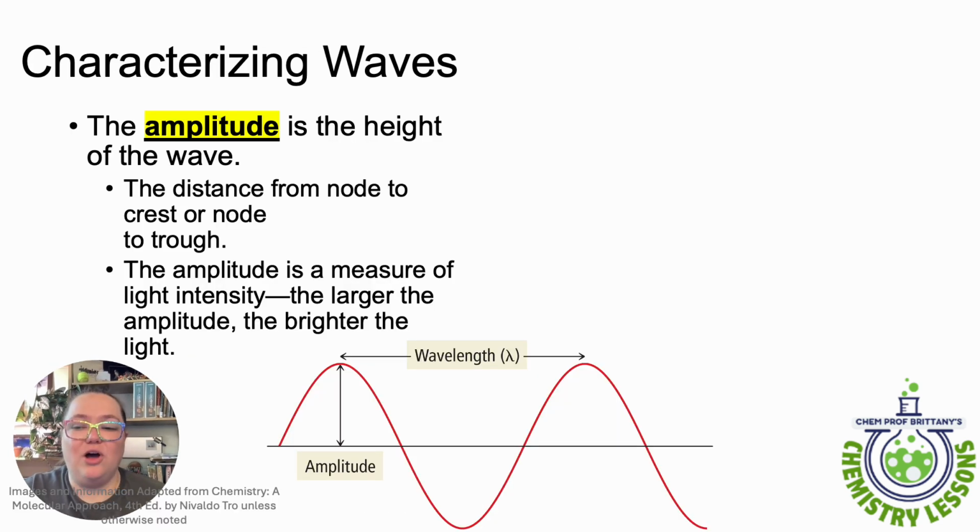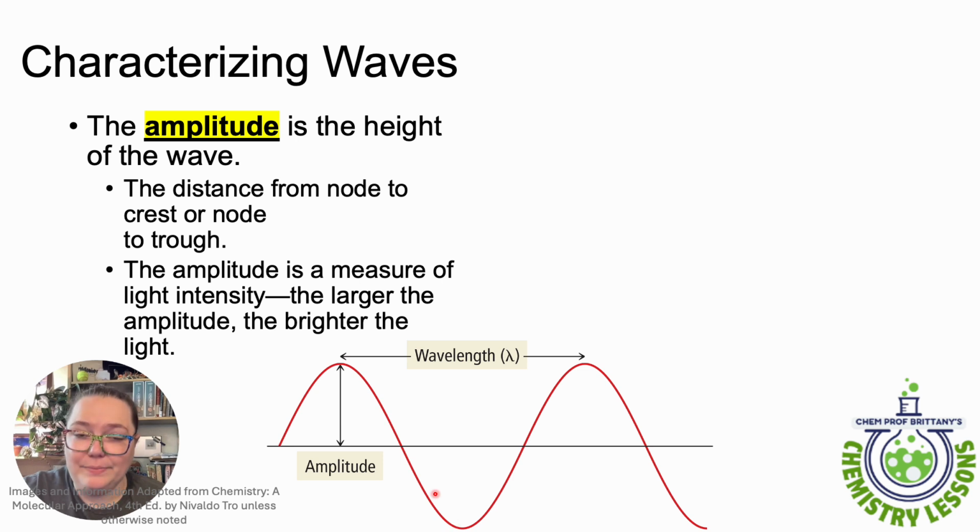So let's talk about waves so that we can understand this. First, the amplitude of the wave is the height of the wave, and it is measured from the center point of the wave, from where the nodes are, the level of the node, to the crest, which is the top, or the trough, which is the bottom.